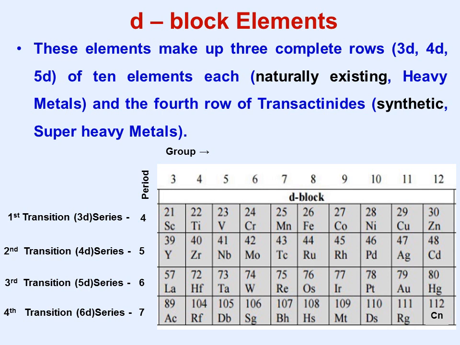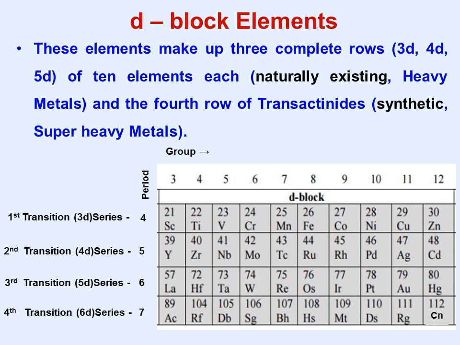While in the fourth transition series, the first element is actinium 89, which is the prototype element of the actinide series, that is the inner transition element series. After that, from rutherfordium, atomic number 104, to copernicium, atomic number 112, this fourth transition series goes on.